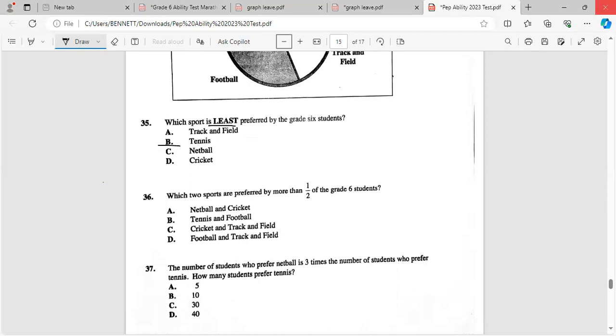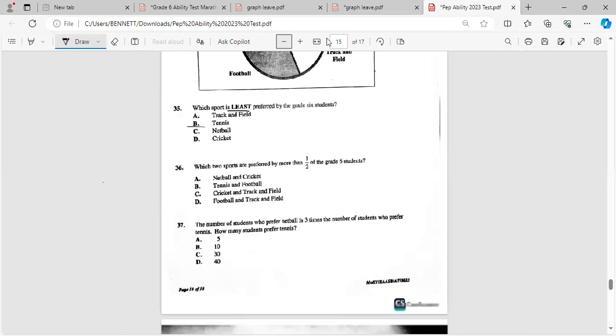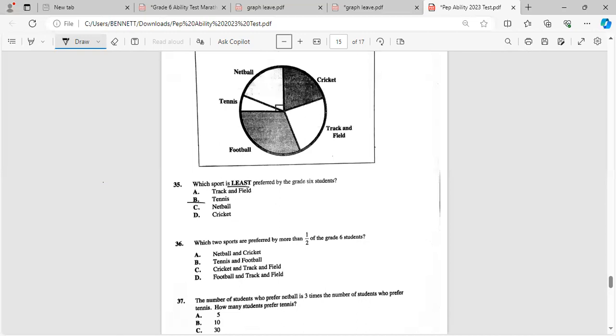Hold on, I have an idea, guys. Let me make it small so you can see everything all at once. Yeah, that is better. Sir, it would be football and track and field.